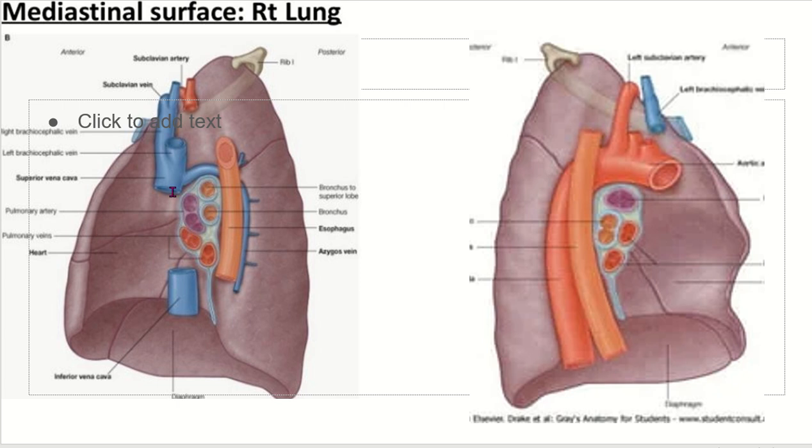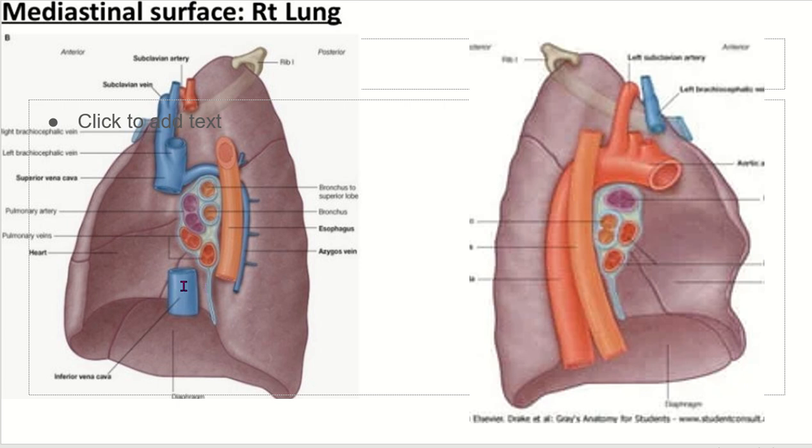You see, in front of the hilum, superior vena cava is present, and left brachiocephalic vein and left subclavian vein are present. Just above the hilum, groove for azygous vein is present. Azygous vein drains into the superior vena cava. And behind the hilum, this is the groove for esophagus.